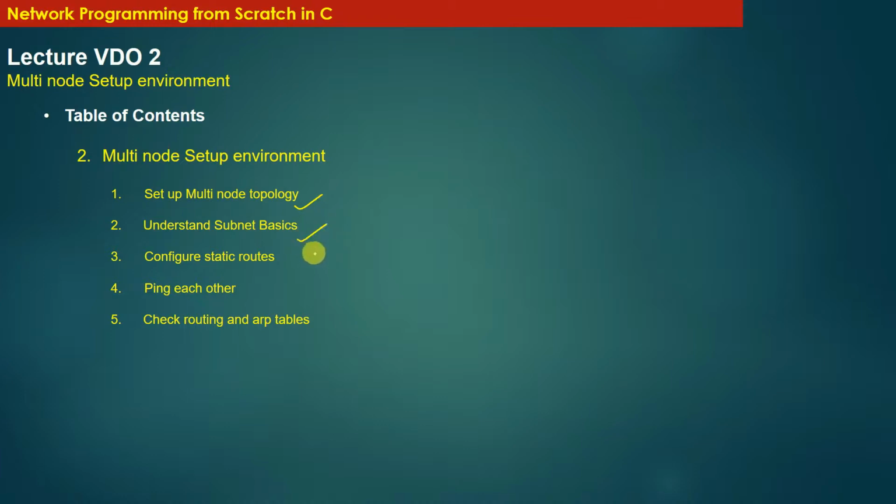We will understand the subnet basics. We will understand how to configure routes in the router so that you can ping one machine from another. And we will take a look at what routing and ARP tables look like and what the entries in the routing tables and ARP tables mean.